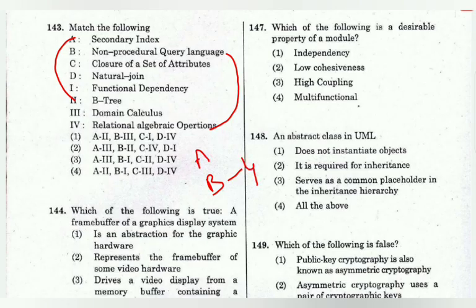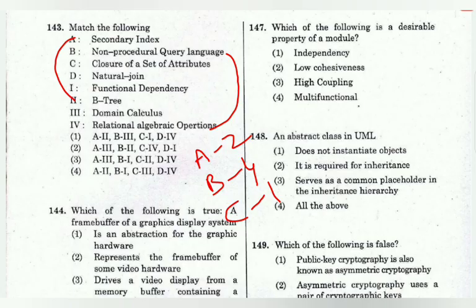A is 2. Okay, why? So relational algebra provides the query mechanism in a non-procedural way. And the closure set of attributes determines dependencies, that is the functional dependencies. So option C, 1 is the correct answer. And option D, natural joins. Natural joins involve relational algebra, whereas the domain calculus provides an alternative relational query approach.